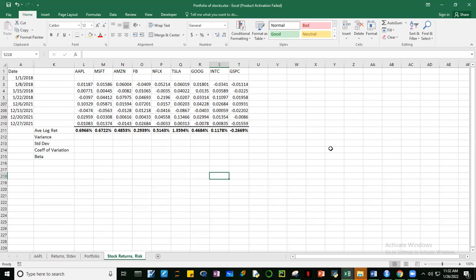Paki-chat please. Which company, guys, performed best among these stocks? Discounting GSPC.